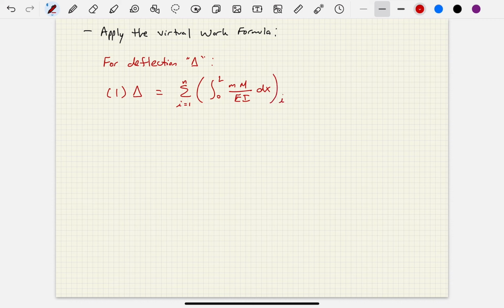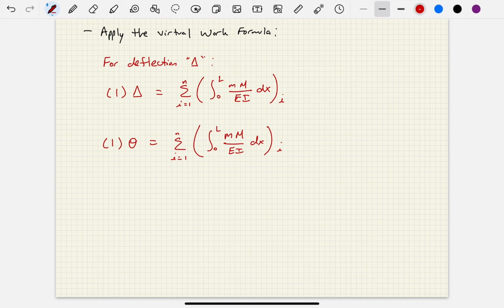Now, if we want a rotation angle, we say 1 times theta equals the summation as i goes from 1 to n, same basic formula, 0 to L, little m, capital M, over EI dx sub i, okay?